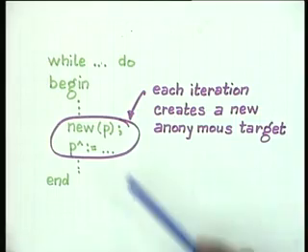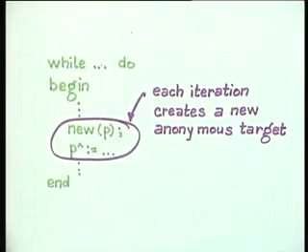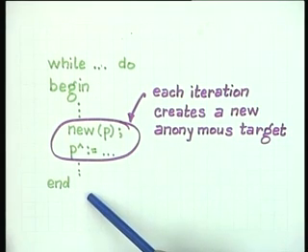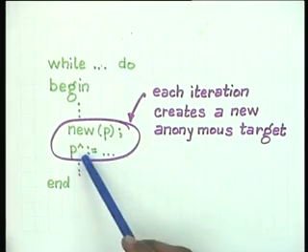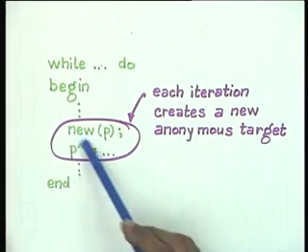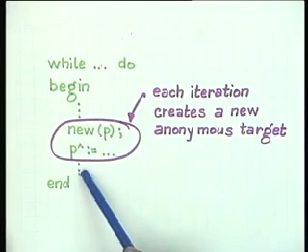Then you also have anonymous targets. So for example, if you had such a loop, every time you create a new P, you're creating a new anonymous target. Actually, you're creating a target which has some meaning. If you look upon this as a name, it has the meaning there.